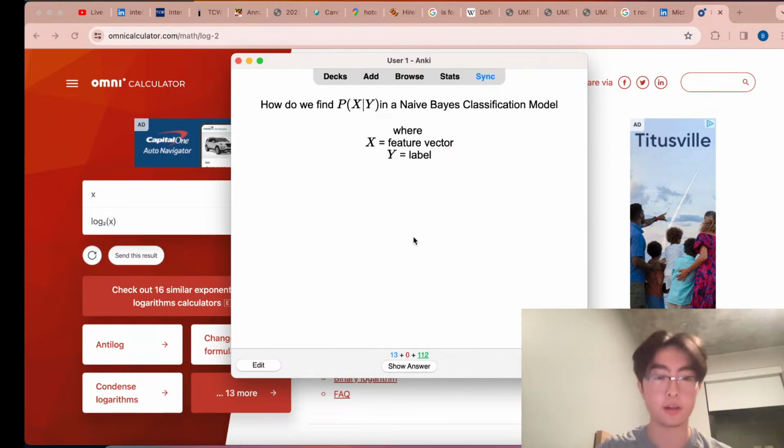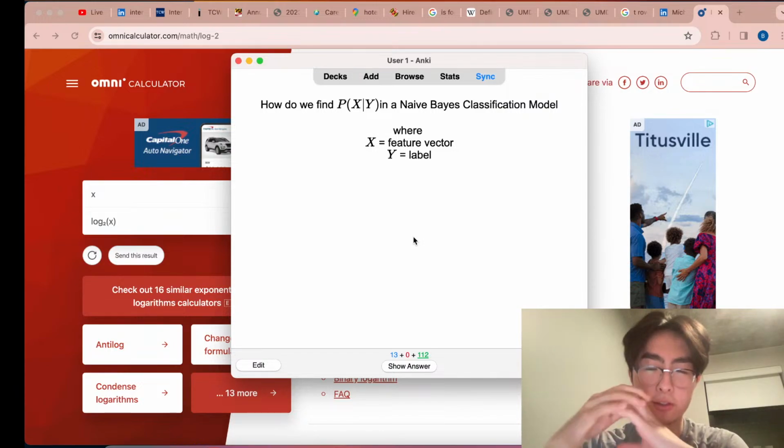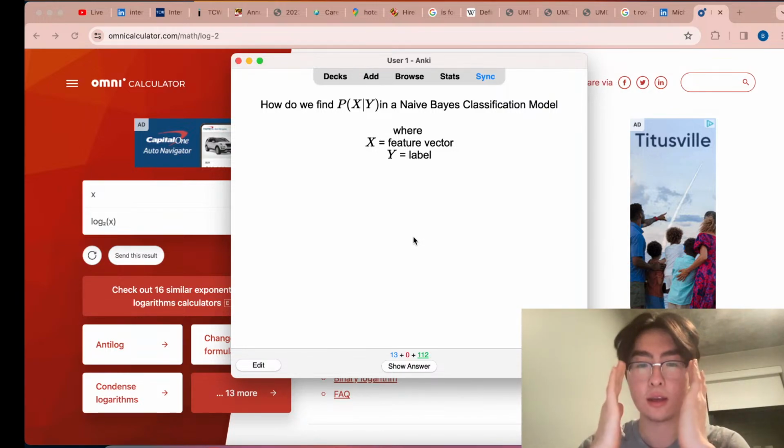Okay, how do you find the probability of x given y in a naive Bayes classification model, where x is equal to a feature vector and y is equal to a label? Okay, so I'm just trying to refresh myself. A naive Bayes classification model uses the rules of conditional probability to try to make a prediction.